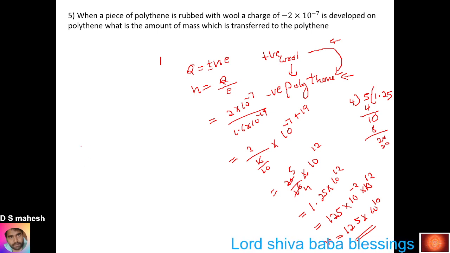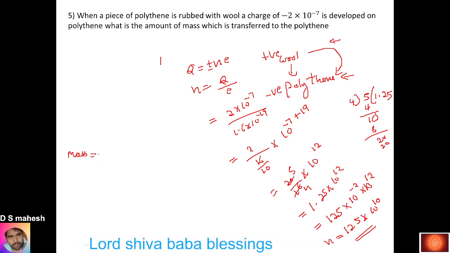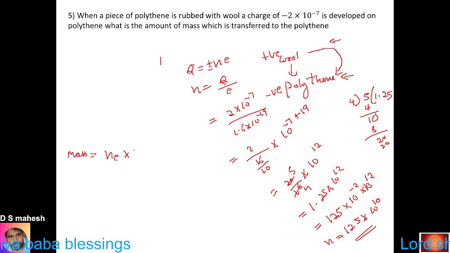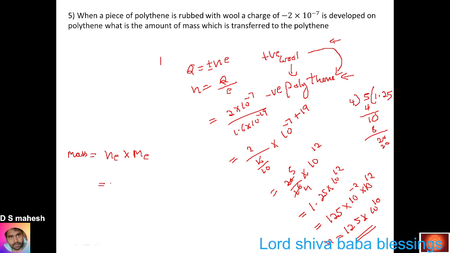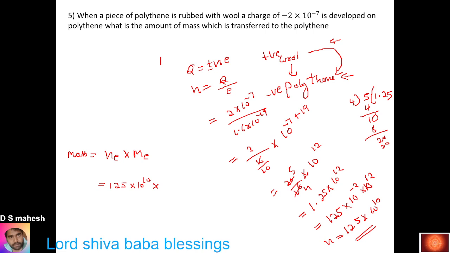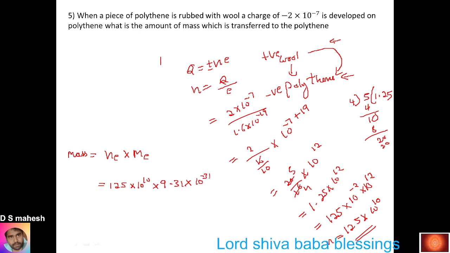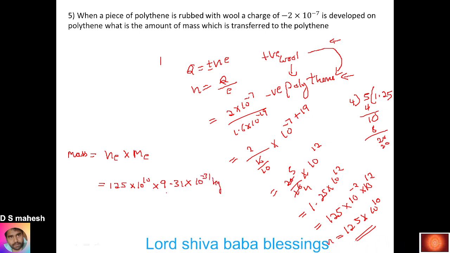So now you need to calculate the mass of this. So mass of this is equal to how much? Number of electrons that is transmitted into mass of the electron. So how many electrons are transmitted? 125 into 10 to the power of 10 electrons are transmitted. You know the mass of the electron right from the first class, so that would be 9.31 into 10 to the power of minus 31 kg, right?